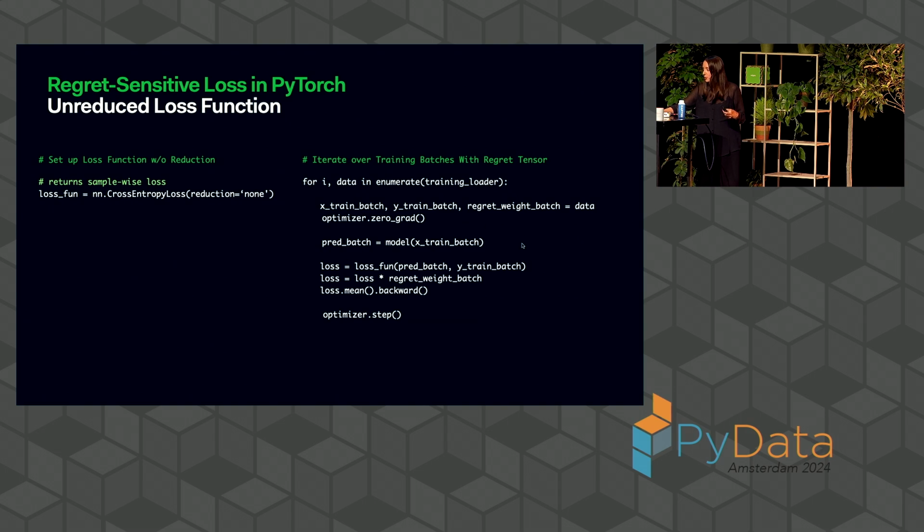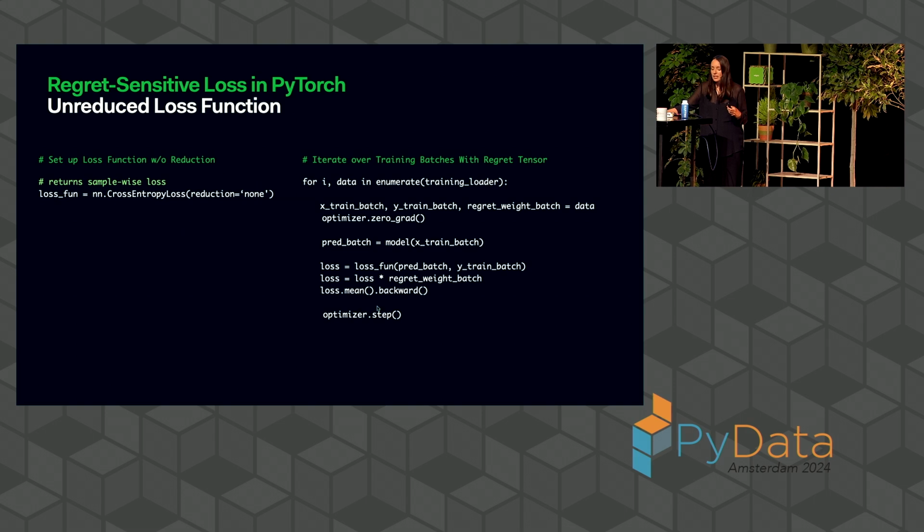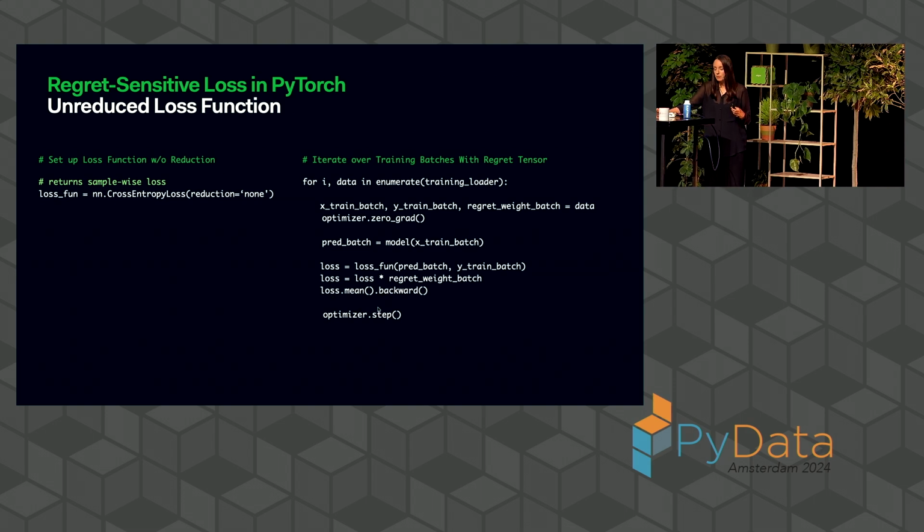And we can now do a forward prediction and calculate a loss. Remember, this is now the sample-wise loss. And the sample-wise loss we can now multiply with the regret weight. And lastly, we average this loss before we backpropagate it. So also a very nice, simple solution for how we can introduce the regret into our model training.